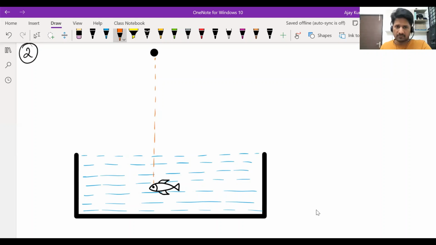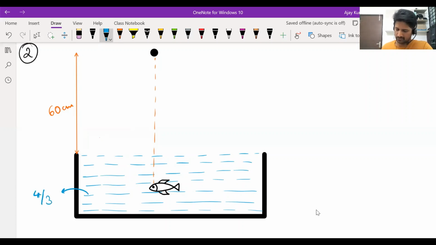The object which the fish is looking at, let's say it is at a height of, how much shall we take? 50 centimeters or okay, 60 centimeters above the water level. Okay, this 60 is not from the eye of the fish. From the water level, it is 60 centimeters. Find out how high it appears to be above the water level.